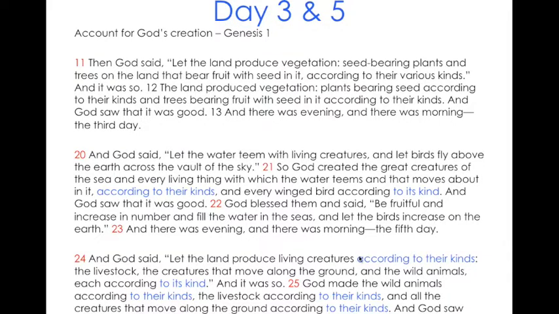And then later on when he produces the land, he actually classifies the land as well. He puts them under the category of livestock, creatures that move along the ground, and wild animals, each according to their kind. One of the side notes that's interesting to think about is the kind of people that the book of Genesis was written to at that time: shepherds and farmers who looked after animals and were familiar with livestock, with creatures that move along the ground, and with wild animals because they were directly relevant to their lives.